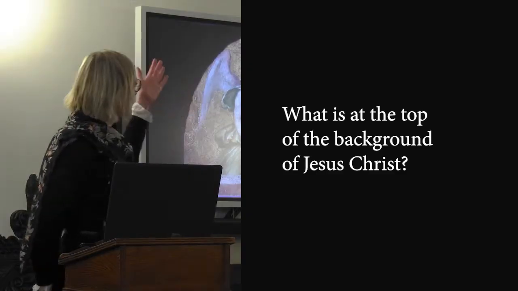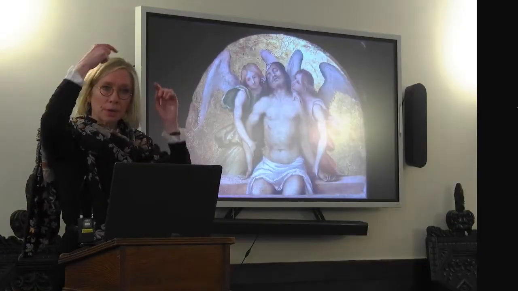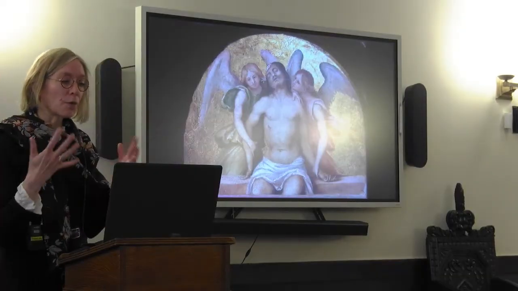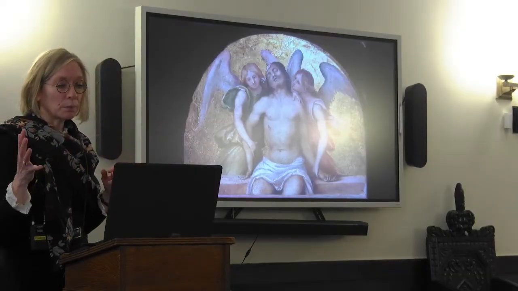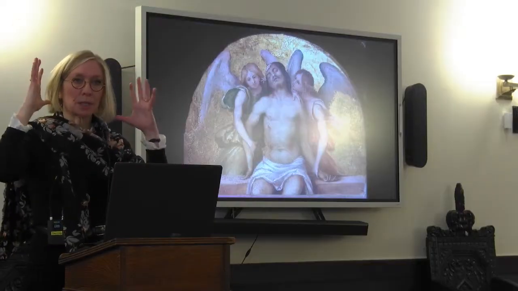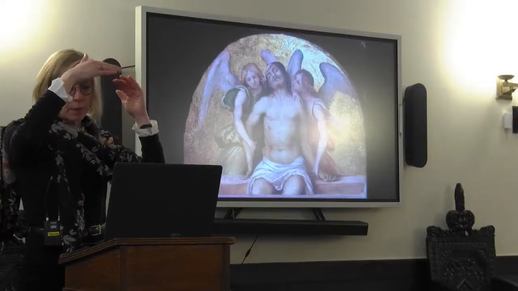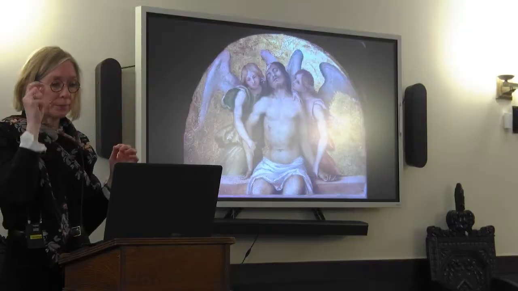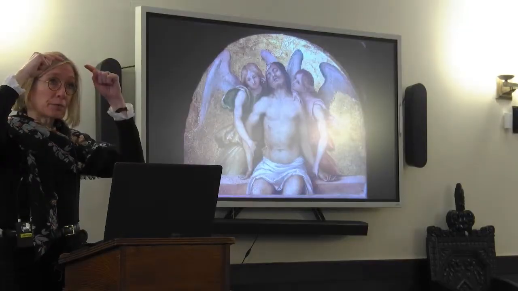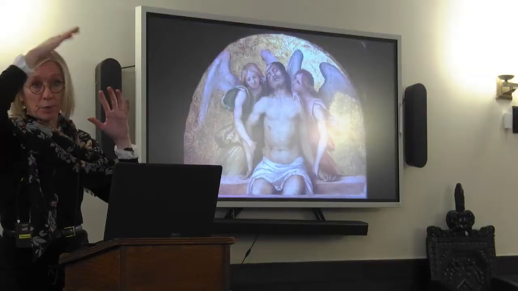It's hard to see with the reflection here, but there are 3 sets of rays that are coming out. So often we will have, as you will perhaps be familiar with, the halo or the nimbus that is incised or punched into the gilding for artwork of this period, that may have a cross form within the shape of the halo.